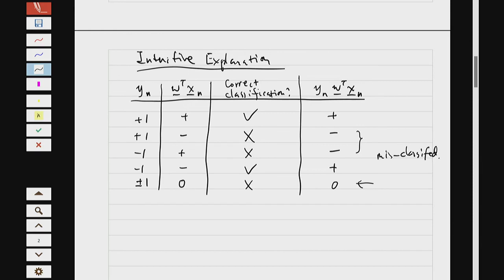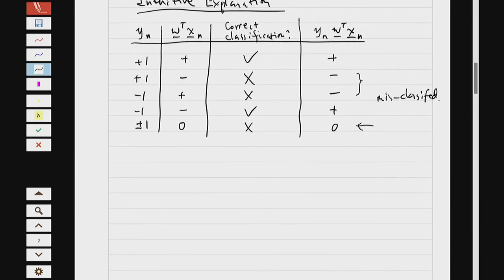Now let's look at this a bit more carefully, and let's write it down so that you have it in the notes. If this point is correctly classified, then we know that this product has to be positive.